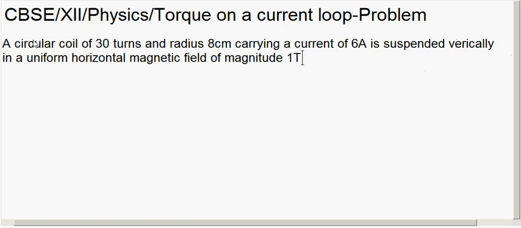The field lines make an angle of 60 degree with the normal of the coil.